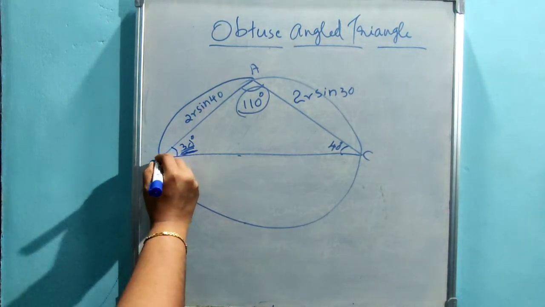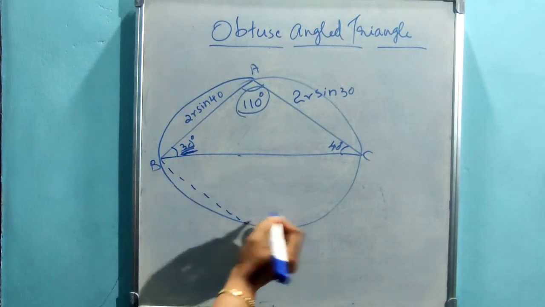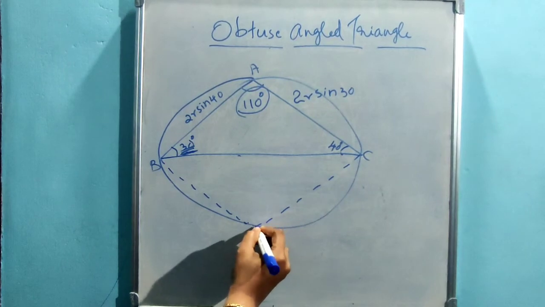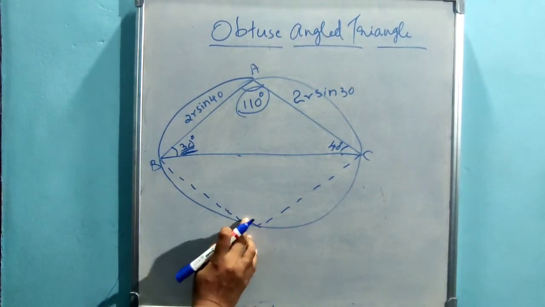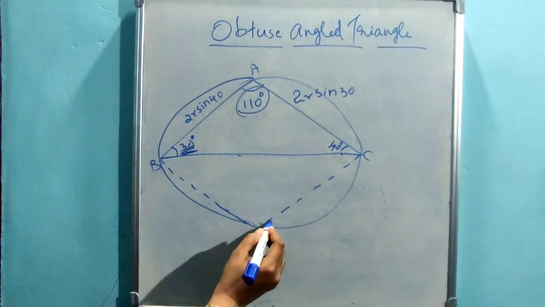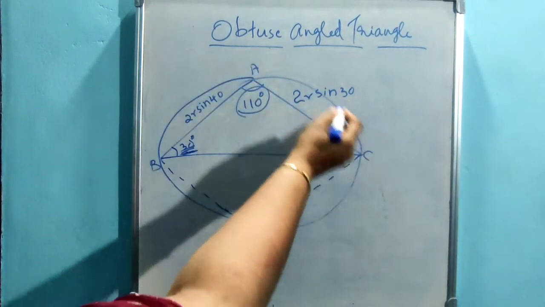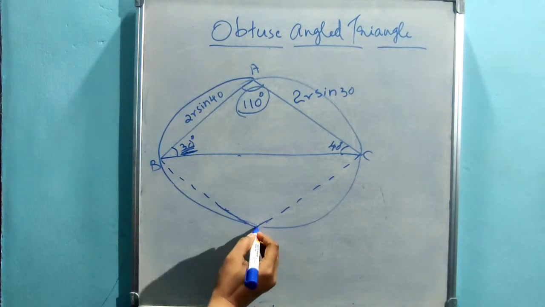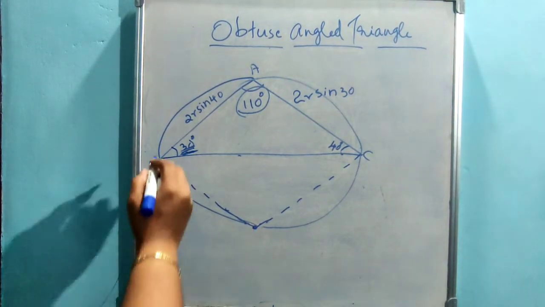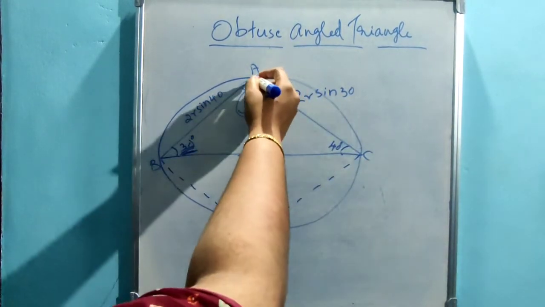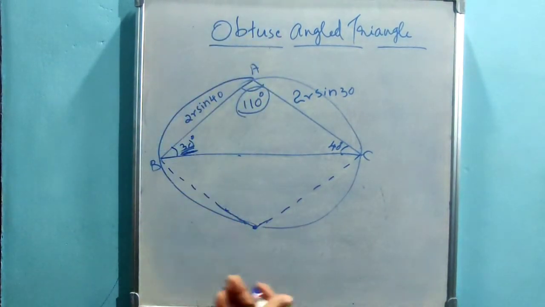So I am just going to join the ends of this chord BC to the alternate arc of this BC. We know that a chord makes two angles on either side of it, and those two angles are supplementary.